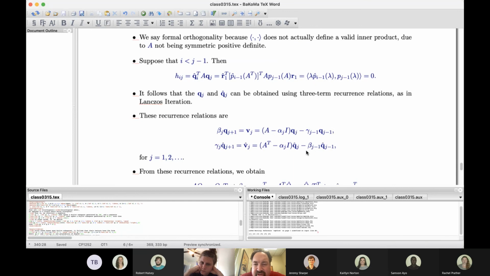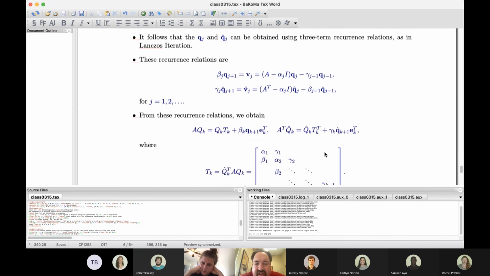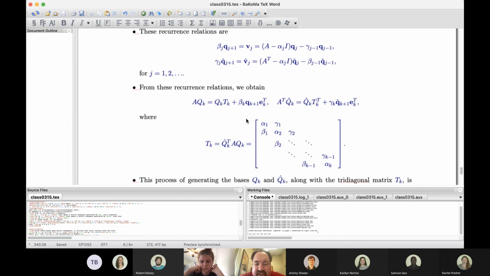These recurrence relations closely resemble the ones you have from Lanczos, where you're generating new vectors, each one depending on the previous two in its sequence. So like Lanczos, you get a tridiagonal matrix, but notice we have different elements on the subdiagonal and superdiagonal. So this matrix is not symmetric because A is not symmetric.